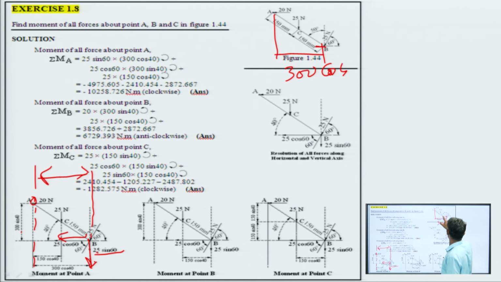So this angle is 60. So what will be this value? Yes, this is 60, so this is the cos 60.